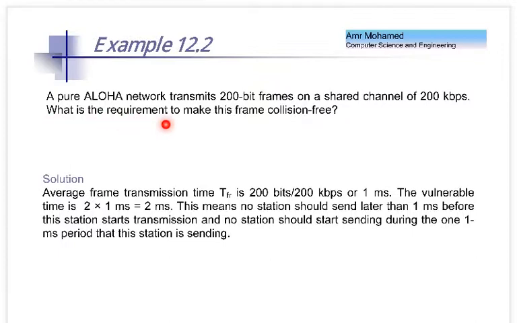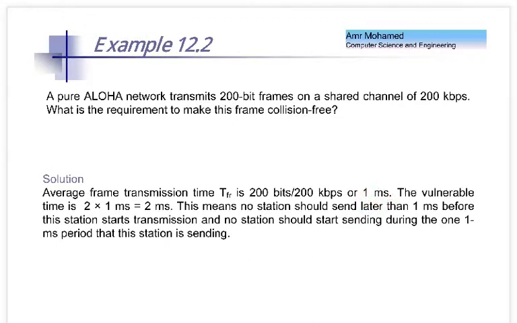So what is the requirement to make this frame collision free? We can calculate the vulnerable time, and the vulnerable time is simply double the transmission time. The average frame transmission time in that case is 200 bits divided by 200 kilobits per second, which is 1 millisecond.